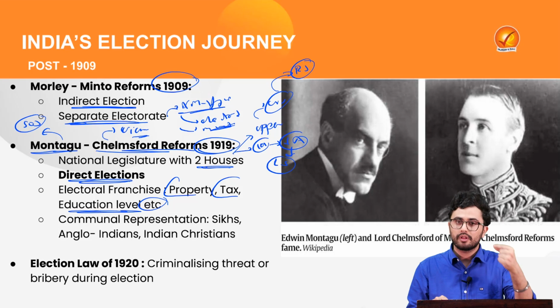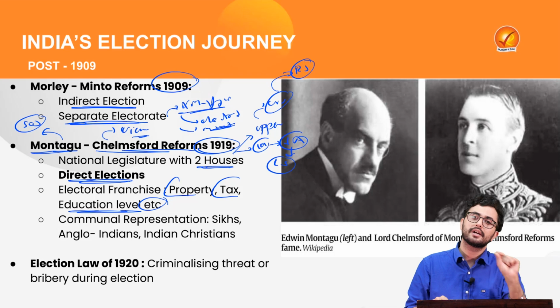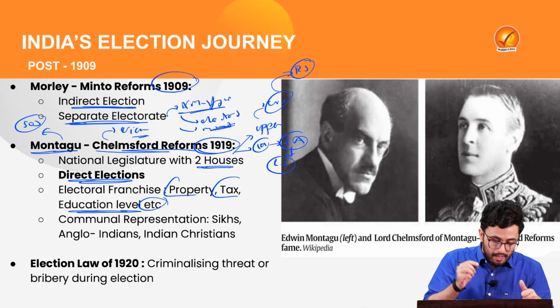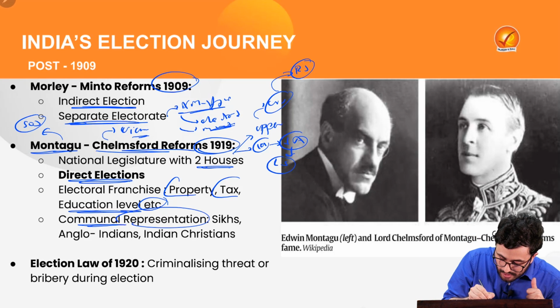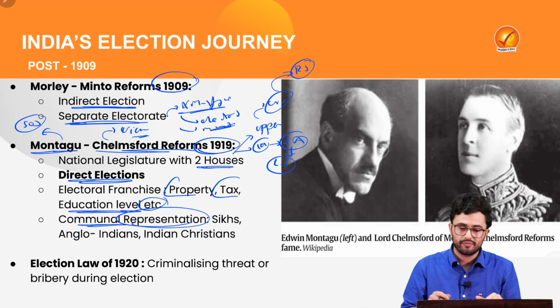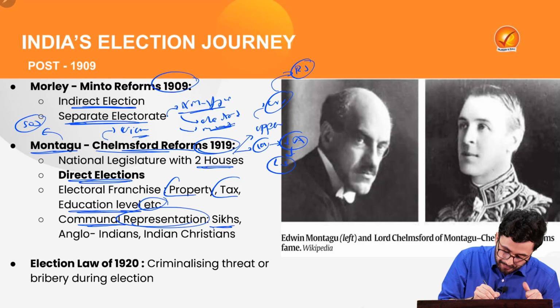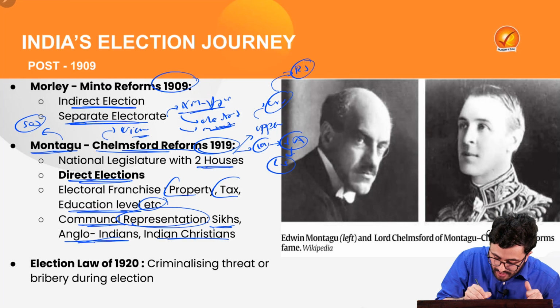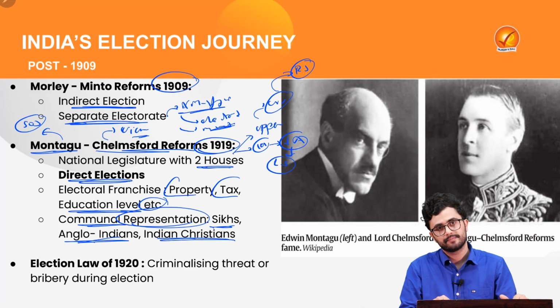Thus, women could also eventually vote and also contest elections. Also, it further increased the communal representations by expanding the separate electorate provision to Sikhs, Anglo-Indians, as well as Indian Christians.